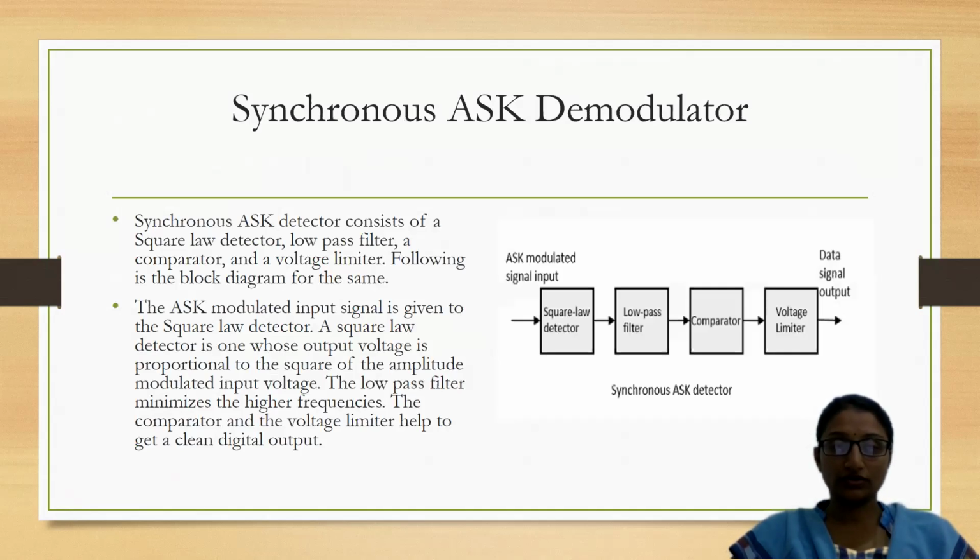The same thing you can also have a look at here. The synchronous ASK detector consists of a square law detector, a low pass filter, a comparator, and a voltage limiter. The ASK modulated input signal is given to a square law detector.